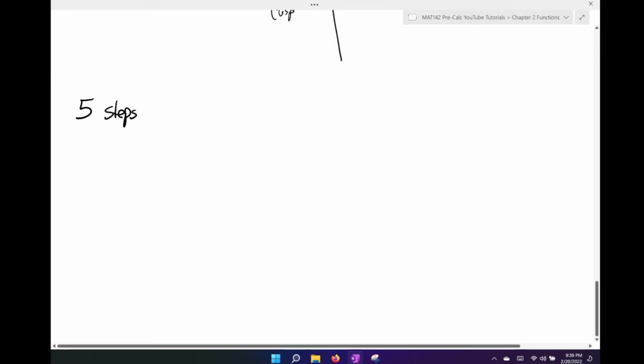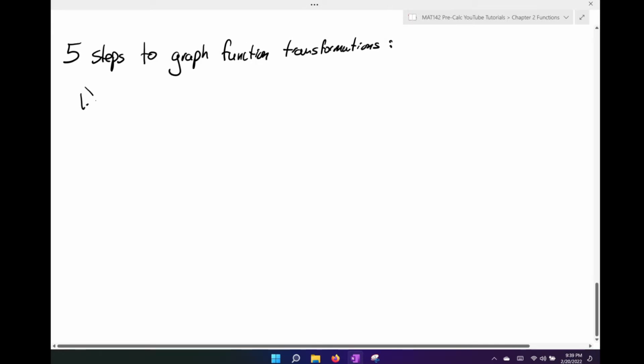So there are 5 steps to graph a function or function transformations. All right, step 1. You always want to identify the parent function.